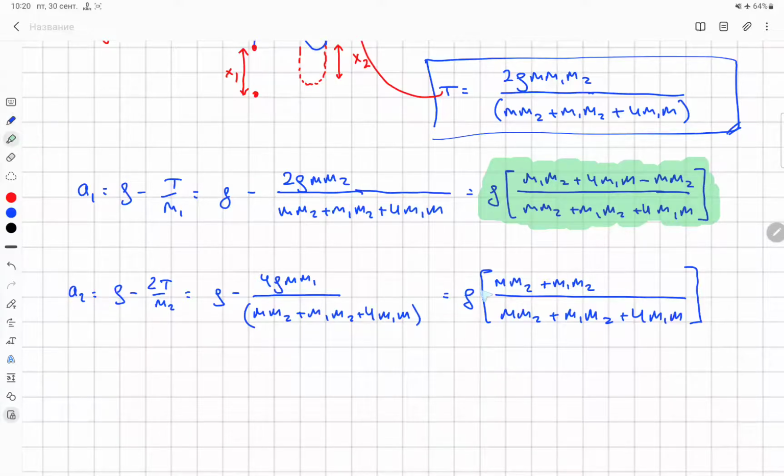Here we can see the second acceleration is positive. It has only a positive value because everywhere we have a plus sign. So we know that the second object can only move downward, but the first object can move upward if this part becomes smaller than 0.